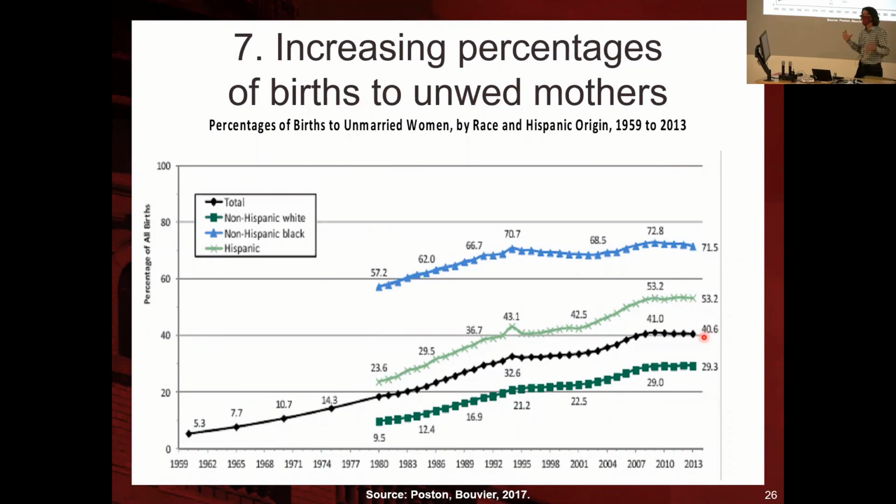But what's important in this graph here is the differential by race ethnicity. The African American population, and this is only data for women, the percentage of those who have children and they are not married, it's really high compared to non-Hispanic white. And the Hispanic woman somewhere in between the two of them.